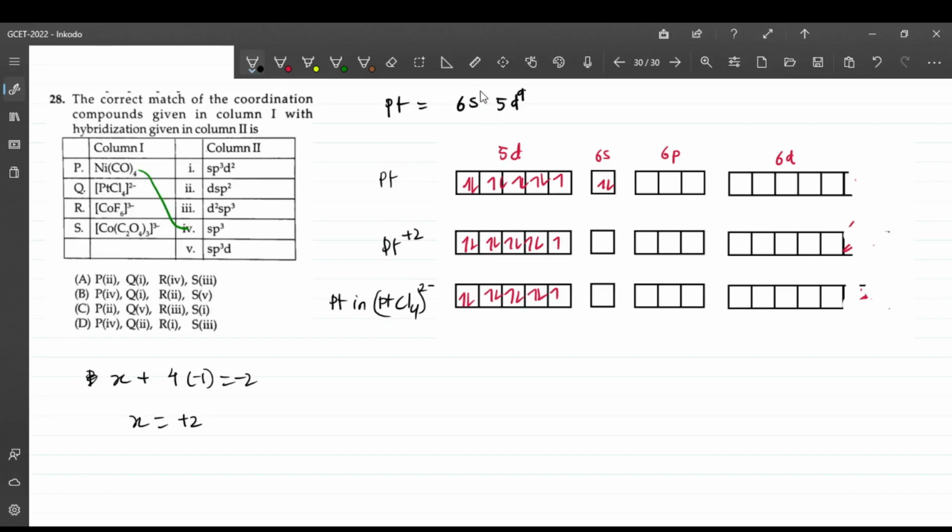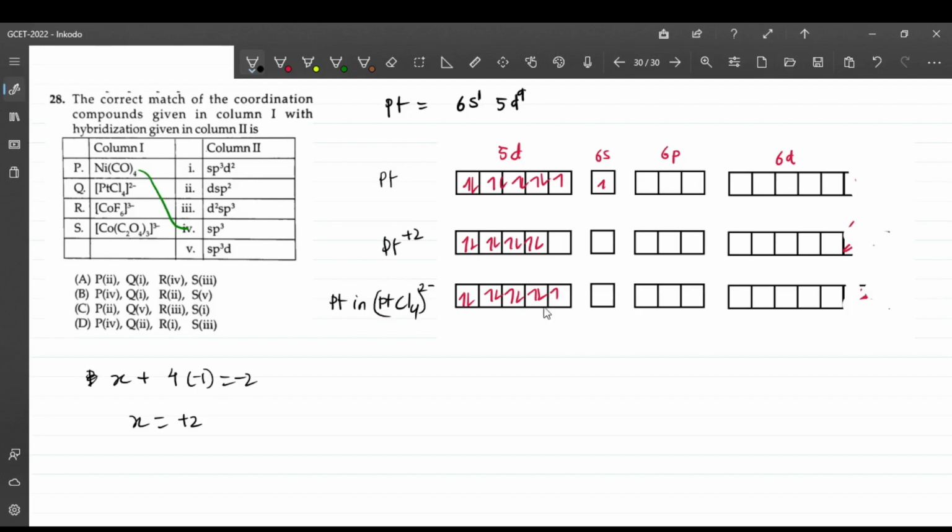Okay, 6s1 it is. So here there is just 1 electron. It is in +2 oxidation state. So this 1 electron is removed, and 1 more electron is removed from there. 2 electrons are removed.